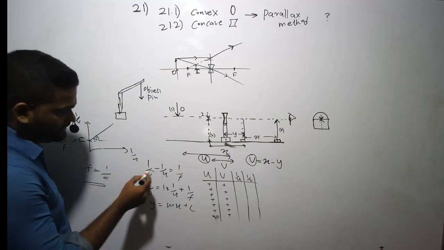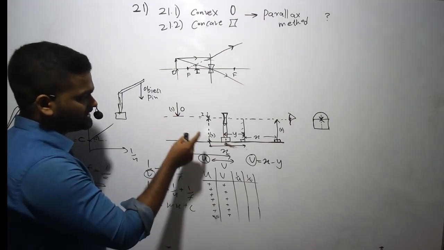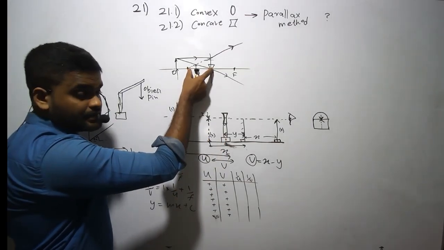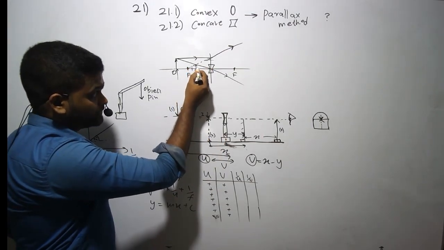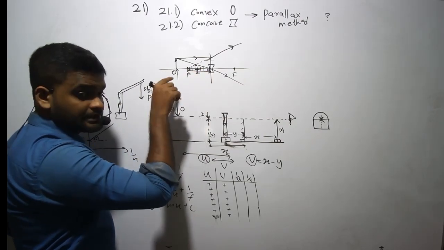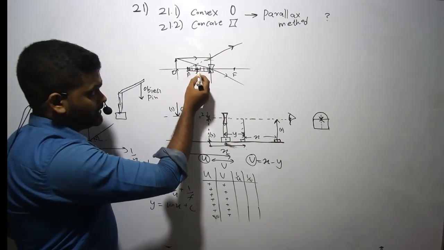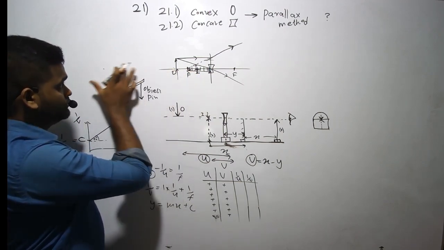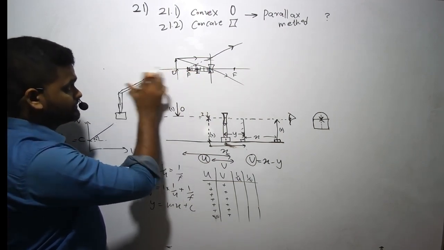So for these v values, those are limited only between focus and lens, right? So to get well spread values for v, it is important in this part especially. So for that, you have to use object distances.